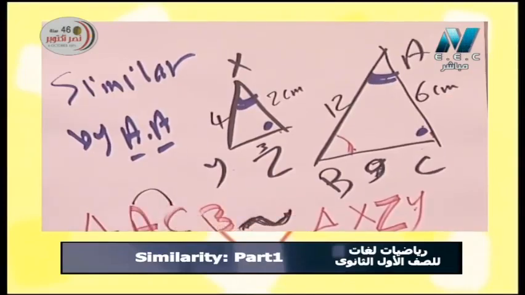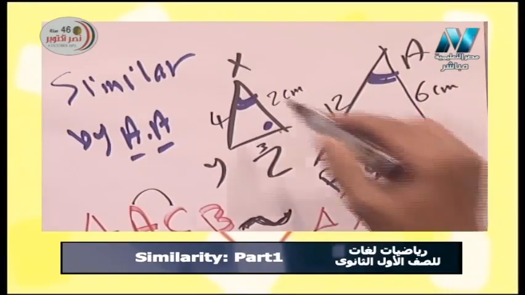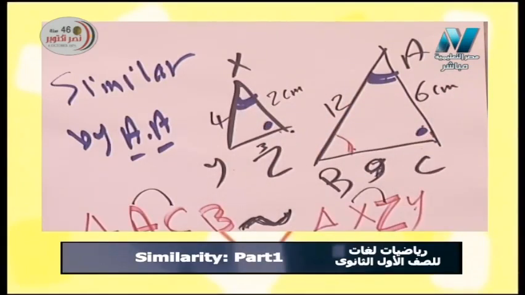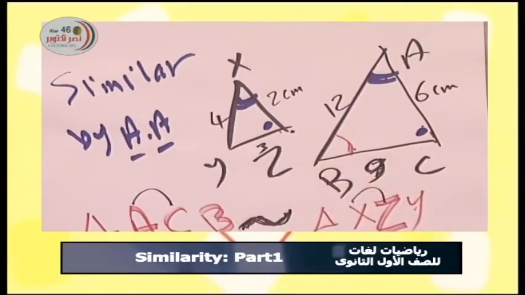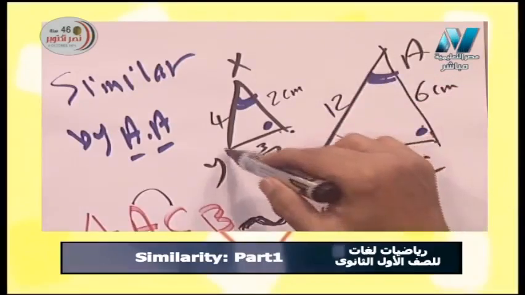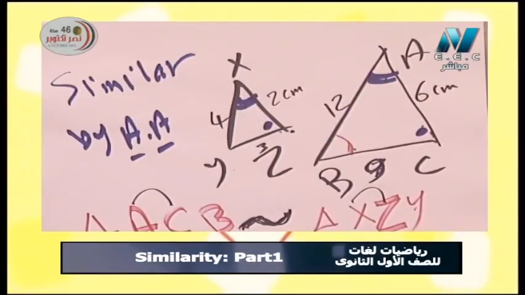If we divide AC over XZ, it will be 3, and CB over ZY will be 3 also, and BA over YX will be 3.